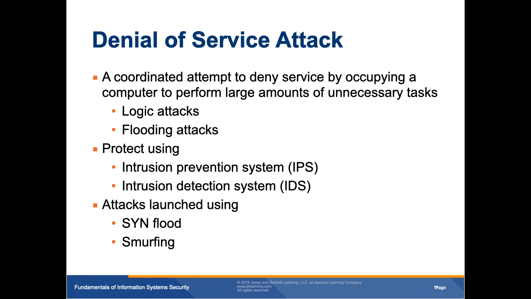A Smurf attack sends, for example, thousands of ping requests, but the reply-to address, the source address, is the target computer. So say you wanted to bring down Google, right?